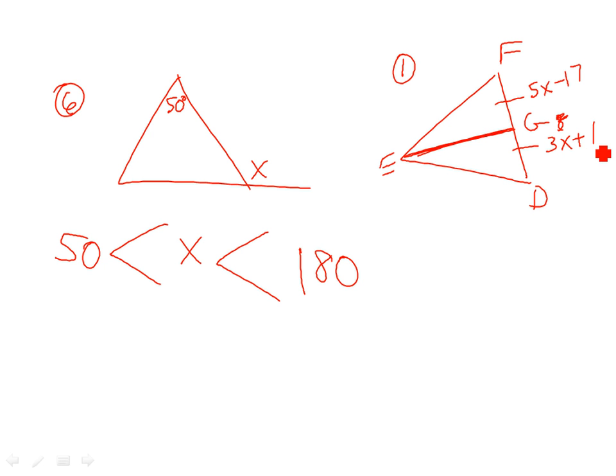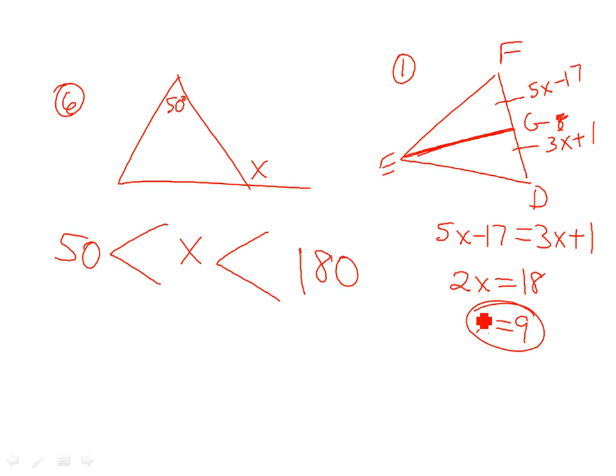What equation can I set up? 5x minus 17 equals 3x plus 1. Solve that, you end up with 2x equals 18. I'm solving it real quick because I want to hurry and get more problems done for you. X equals 9. What did they ask us to find? Find x. That's it.